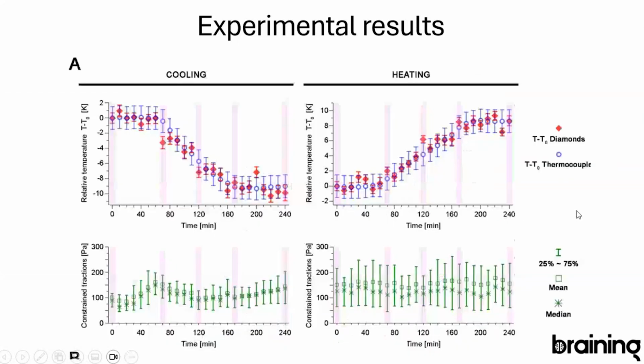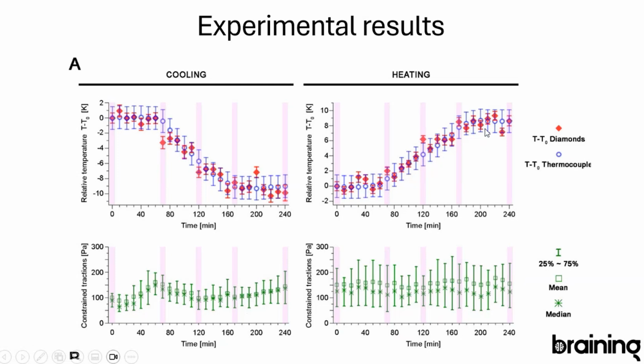The final results are collected here. The red points are the temperature measured by the diamonds, and the blue is the control temperature measured by the thermocouples. And we see that they are pretty much the same. But what you can also see is that the error bars here are much smaller than the error bars on the thermocouple.